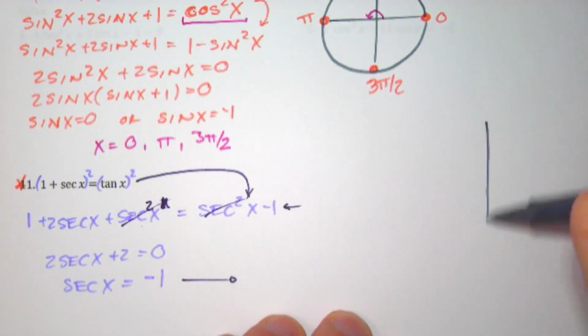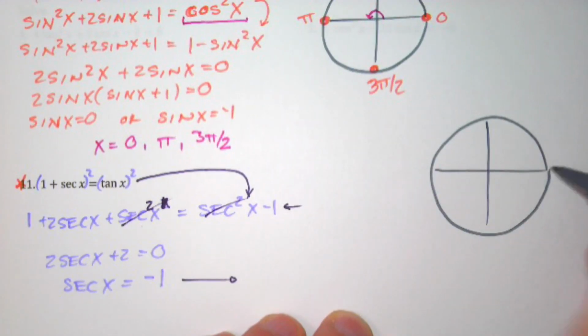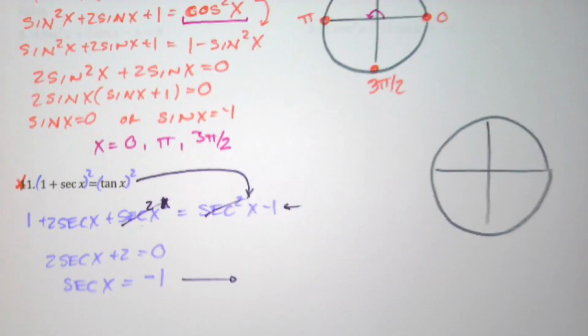Now we might come over here and have the unit circle. The majority of unit circles aren't going to have secant and cotangent and cosecant on them, but there's one more identity we can use. We know that secant is related to cosine. More specifically, 1 over cosine is secant, and 1 over secant brings us back to cosine.